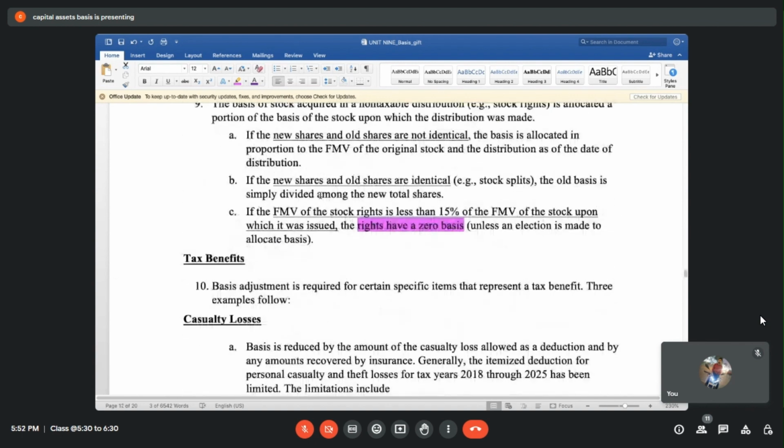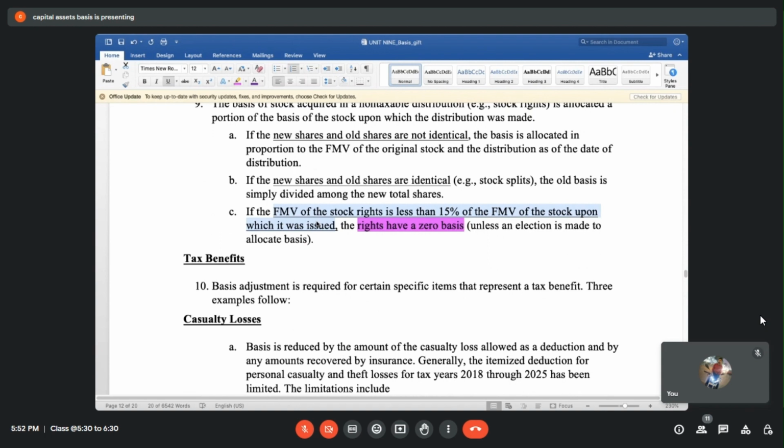Where were we? Yeah, and then this is a rule that we just need to remember. If the FMV of the rights that have been given is less than 15% of the total FMV of the stock which was in hand, then we don't have to give any basis to the rights stock. Just make it zero. Because what is the IRS saying?